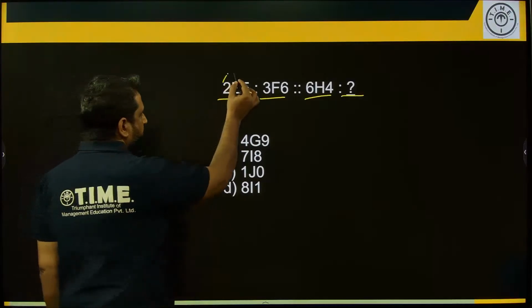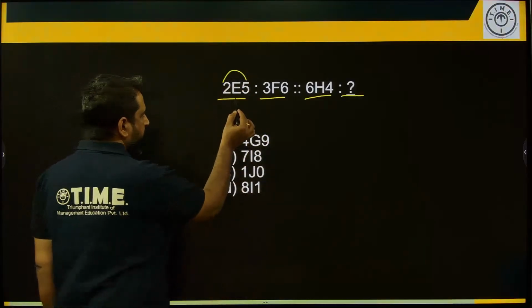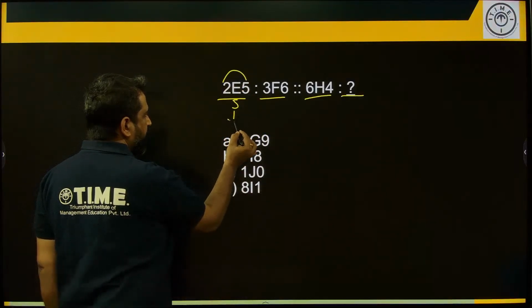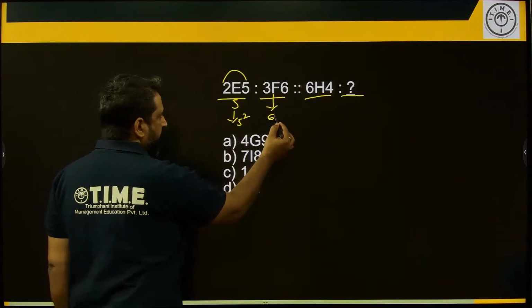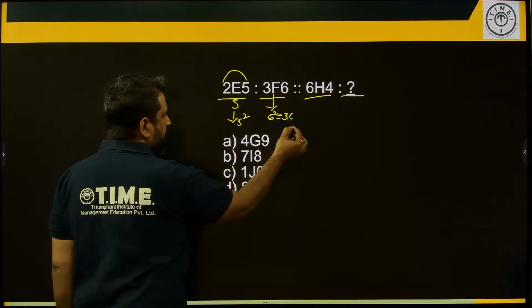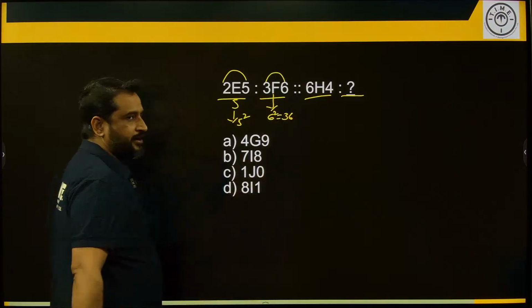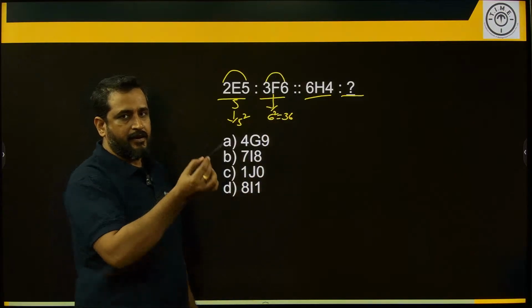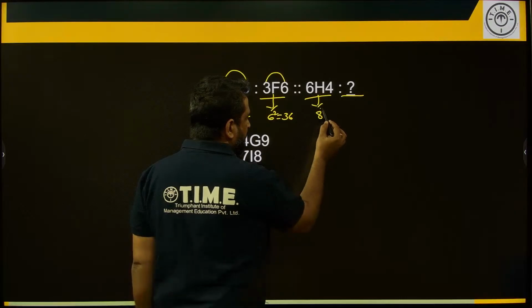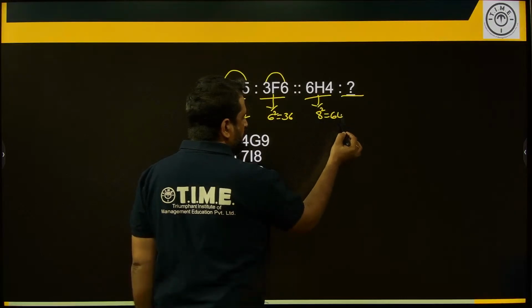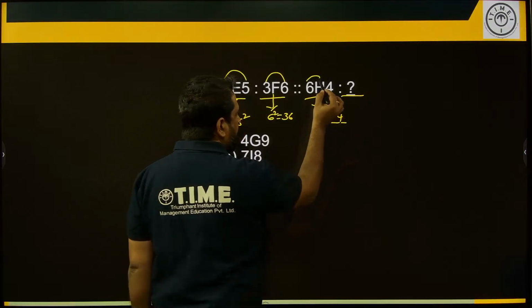So that is 2, 5. Now, F place value is 6, and 6 square is equal to 36. The digits are written either side of the letter. H position value is 8, and 8 square is 64. This 6 and 4 are written either side of the letter.